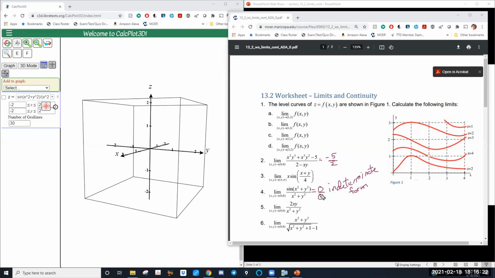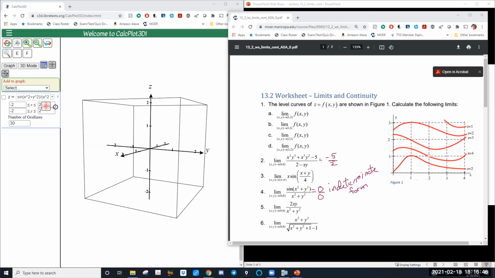We have more work to do. Now, if you plug in the 2 numbers and you get 0 over a number, the limit is 0. If you plug in the two numbers and you get a number over 0, the limit is undefined. It's very straightforward. So it's really only the 0 over 0 case where we start to get interested and say, hey, we've got to do more work.